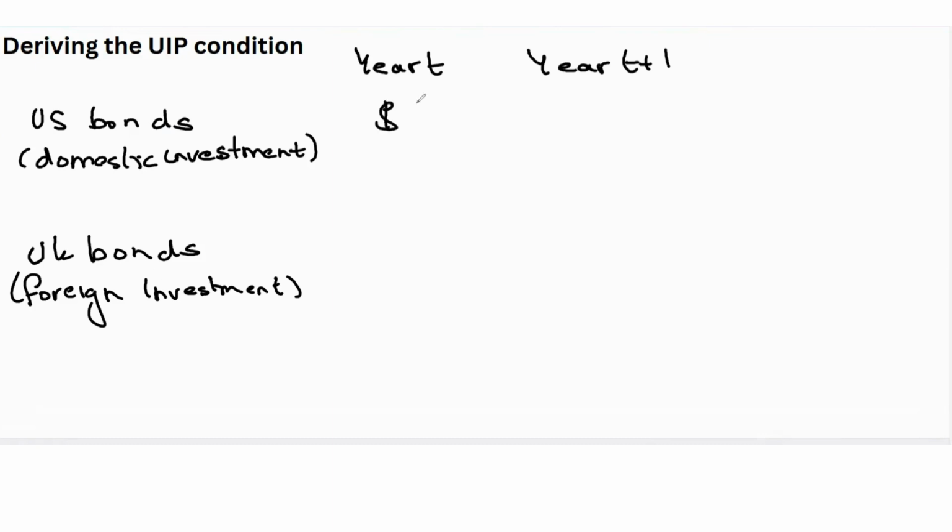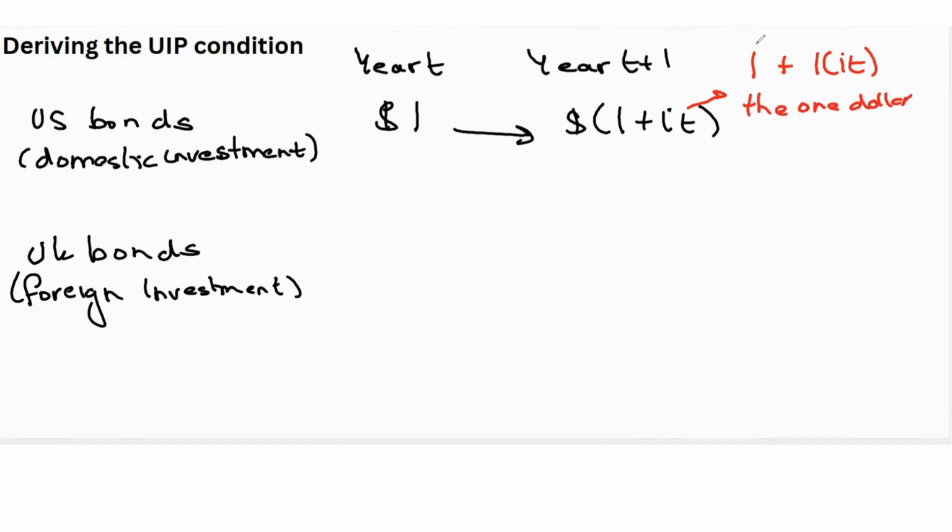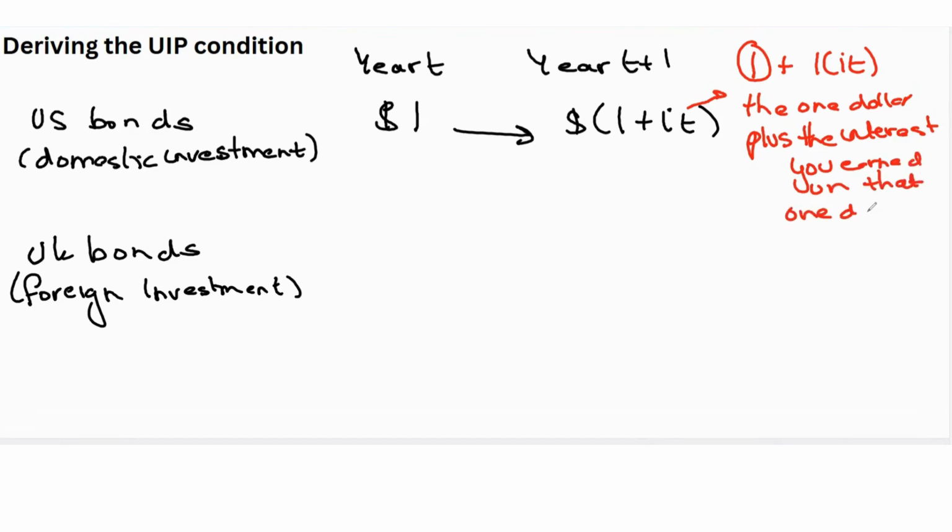So if you invest $1 in year t in US bonds, in year t plus 1, you will get 1 plus I_t. Where does this come from? You get the $1 back, plus the interest earned on the $1 you invested in the US bond.